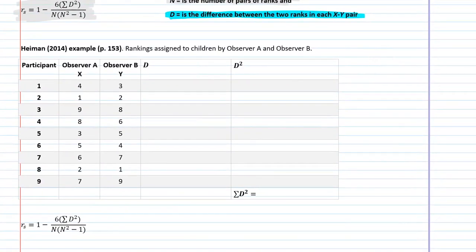So for example, we're going to find the correlation of rankings assigned by researchers. So researchers saw many children and then they ranked them based on a certain behavior. And there were 2 researchers, observer A and observer 2. So each person has their own ranking, but it's the same participant over here.